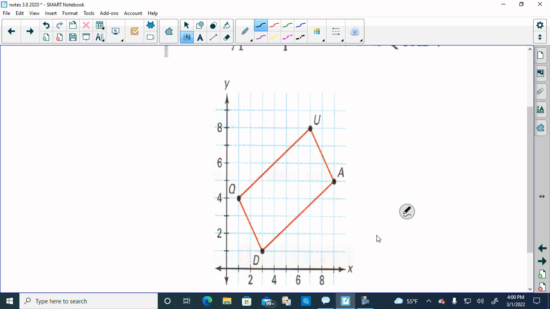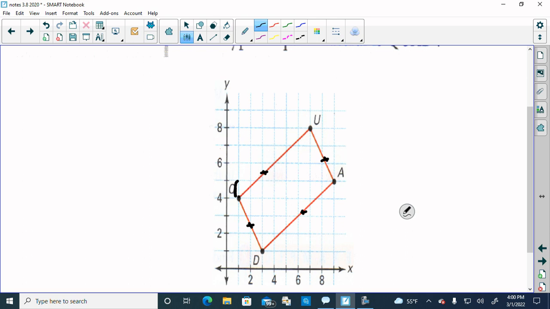So we're going to find the slopes of each of these sides. If you have it graphed, you can do the rise over run. I need to find the slope of this side, the slope of this side, the slope of this side, and the slope of this side. So if you did the rise over run, then you would count up. So this one I would count up.